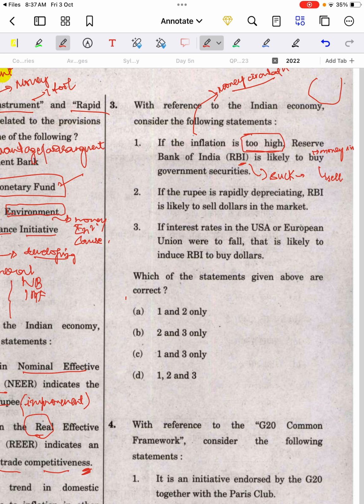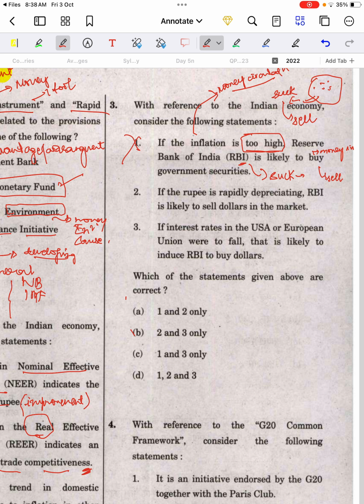The idea is RBI must not put money inside. It should rather suck. To suck the money, you have to sell something. When you sell, you will actually get the money back, right? They will pay you back in rupees or Indian currency, and you can suck. So this statement is actually wrong.